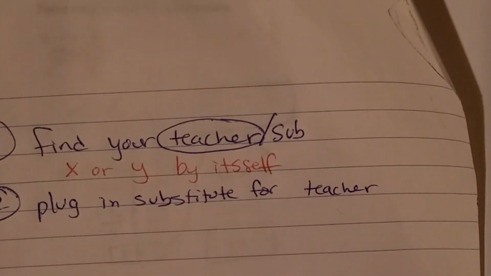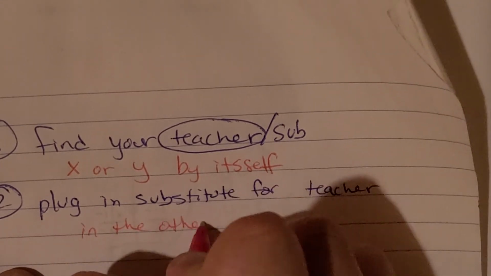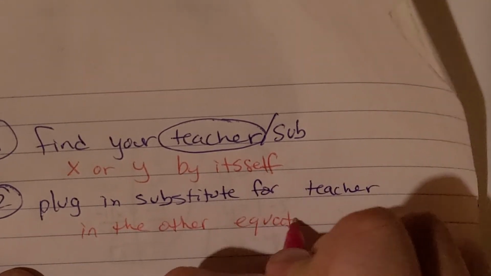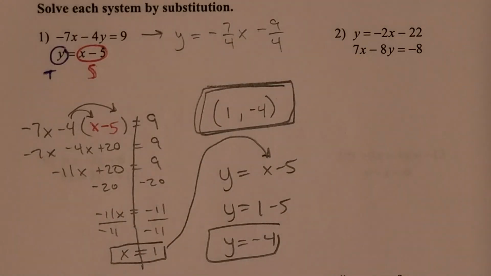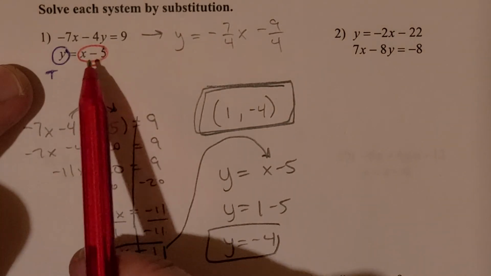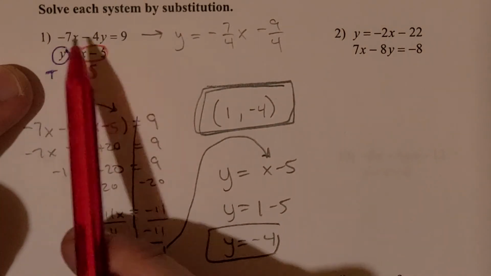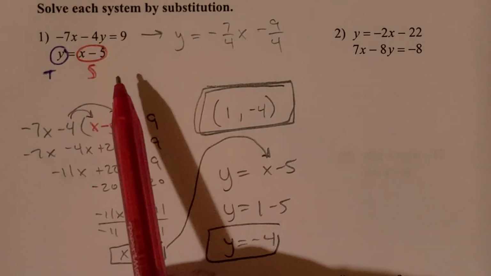And I'm also going to note that this is in the other equation. So here's what I mean. I found the teacher and sub in the bottom equation. I plugged them back in the top equation. I didn't go back and plug it into the bottom equation again.